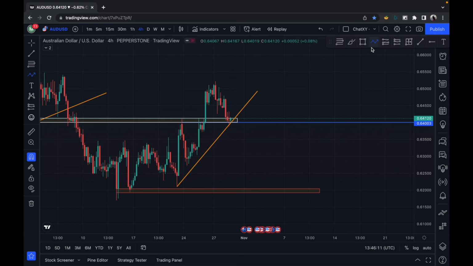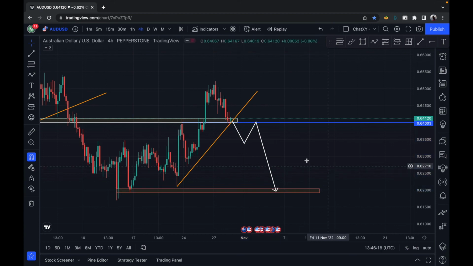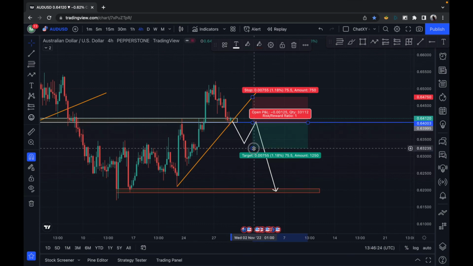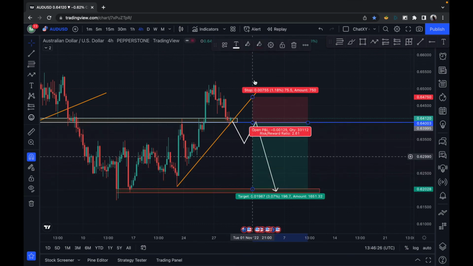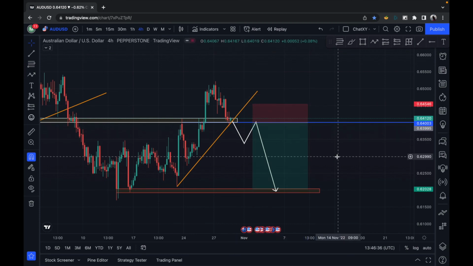From here it comes down, goes for a retest, then take it down to the previous low. So it will look something like this on the retest of the trend line and the support and the resistance, and then the stop loss should be somewhere here. That's what I will look out for in AUDUSD.